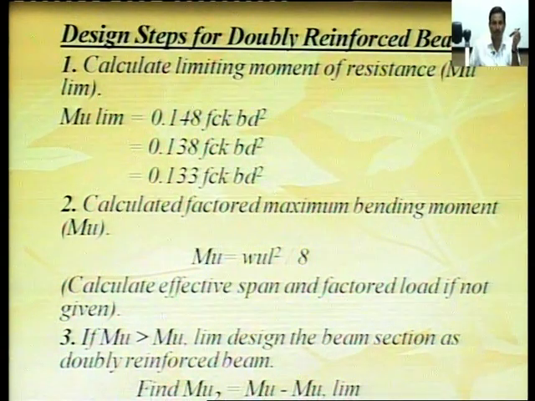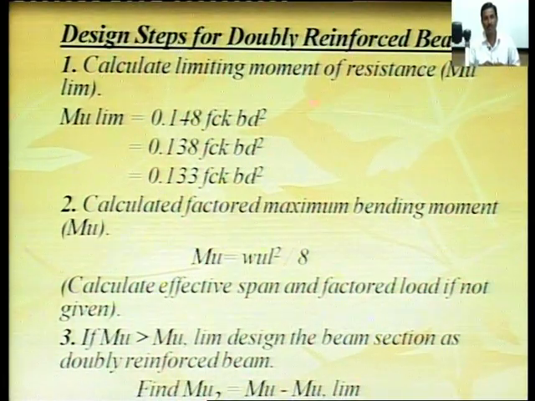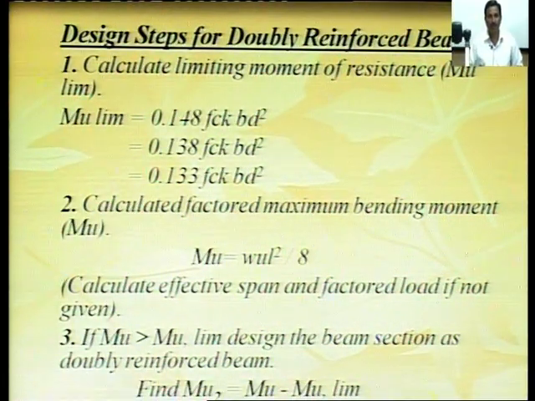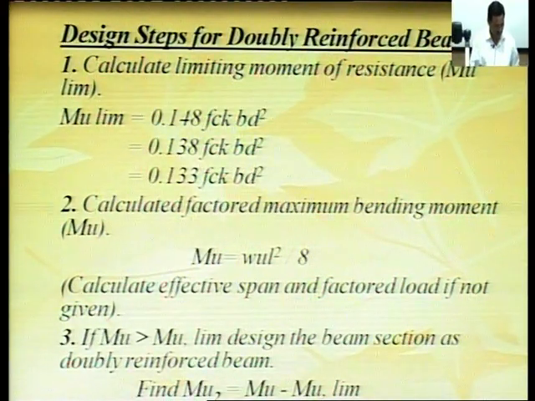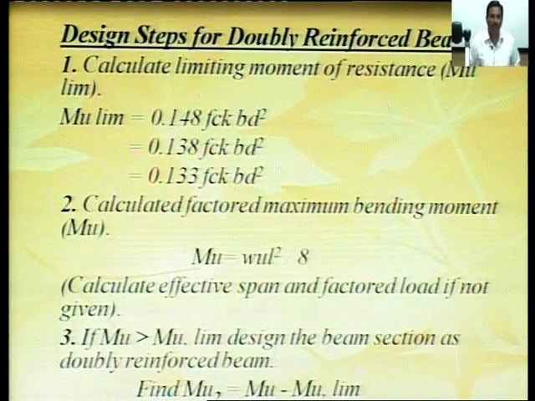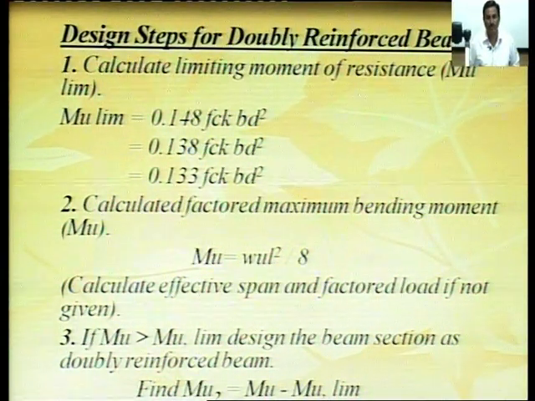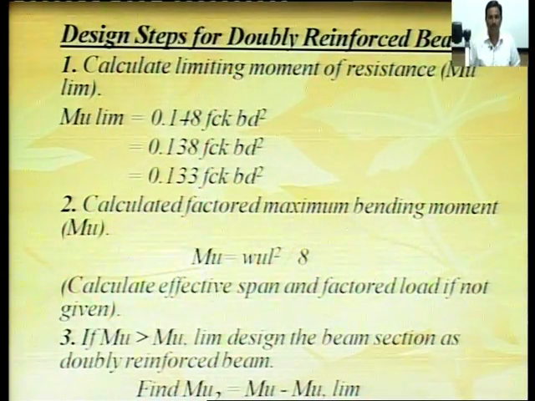Next is the design steps for a doubly reinforced beam. First step is to calculate the limiting moment of resistance, Mu limiting. Mu limiting is equal to 0.148 fck bd square for Fe250 steel, or mild steel.